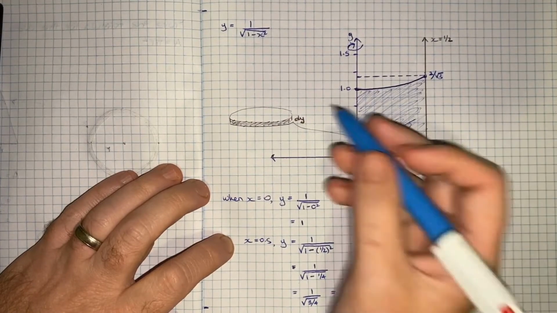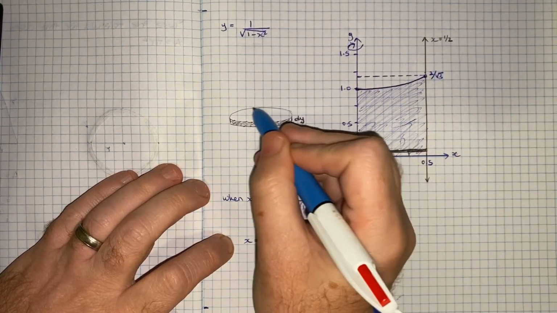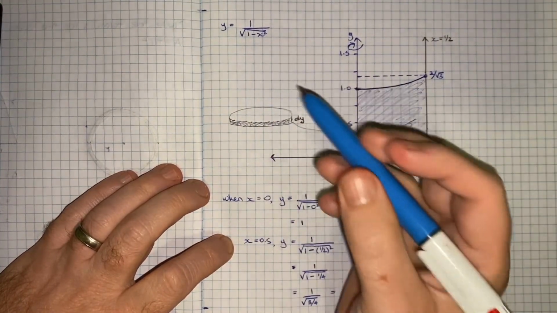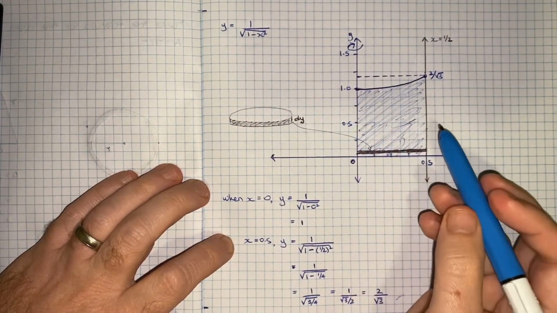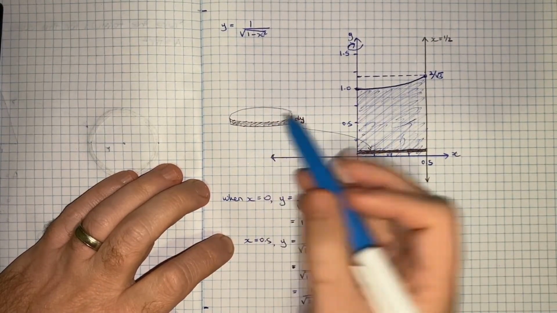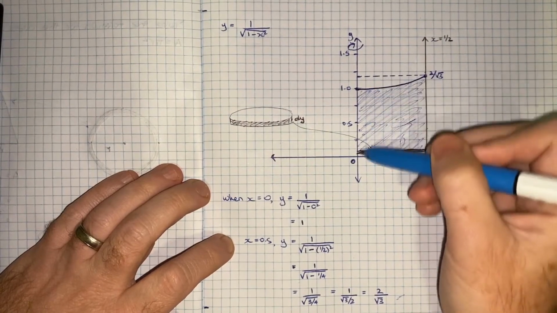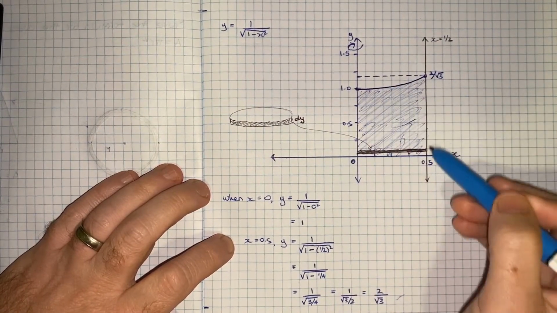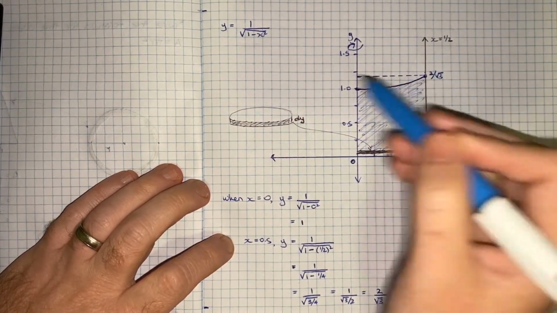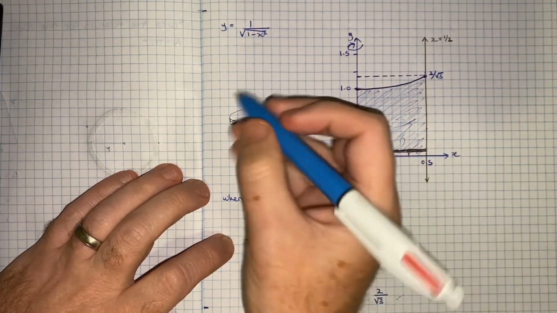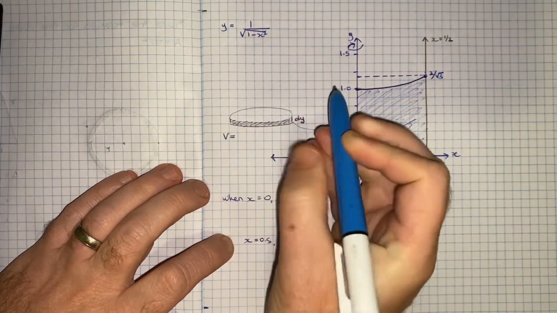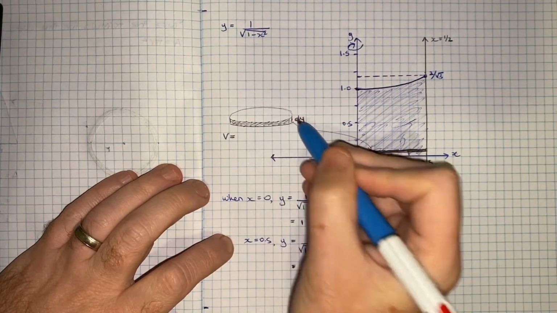Being a coin, it's essentially a very thin cylinder. If we can work out the volume of this thin cylinder and then add it up for all the y's that we care about, we'll get the total volume of this whole line. Here the volume is the area of this face times the height.